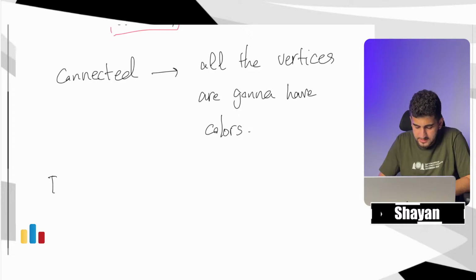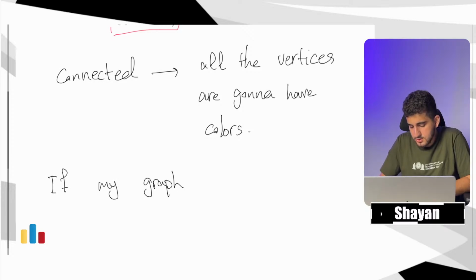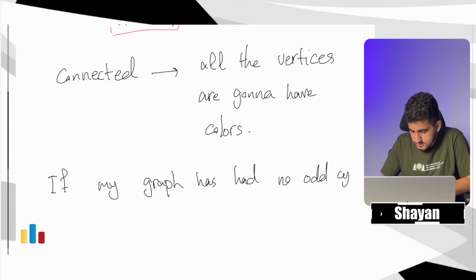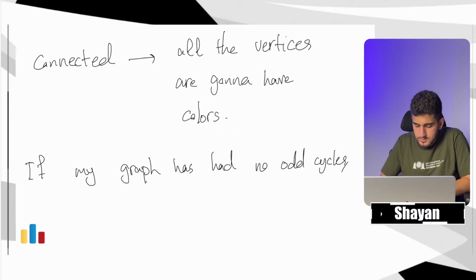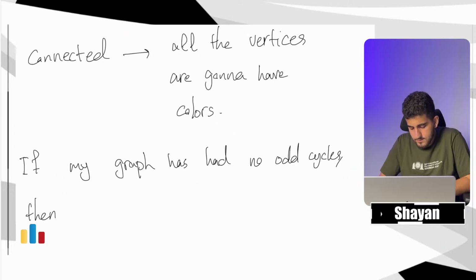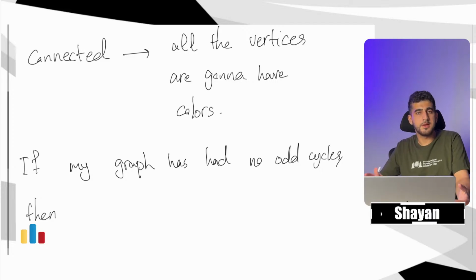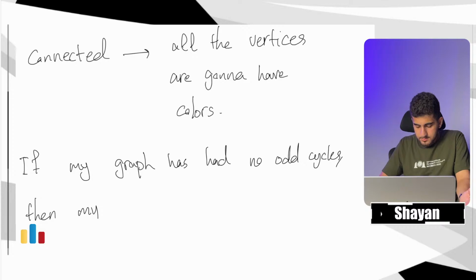I want to show that if my graph has no odd cycles, then my groups are fine. The groups that I made are fine. I mean, there's no edge from a vertex of a group to another vertex of the same group.